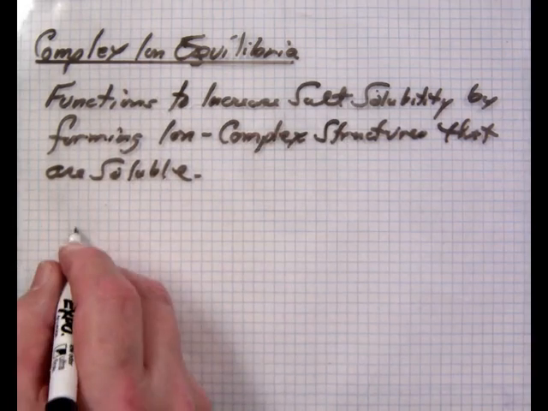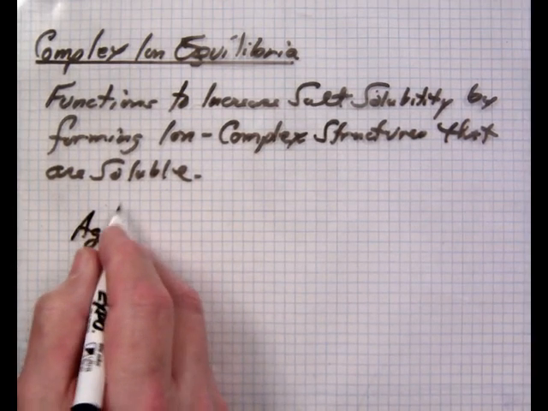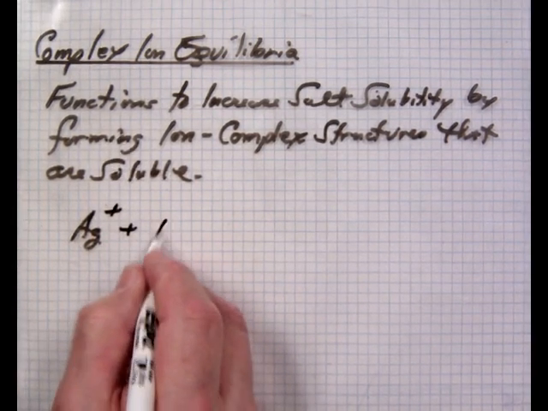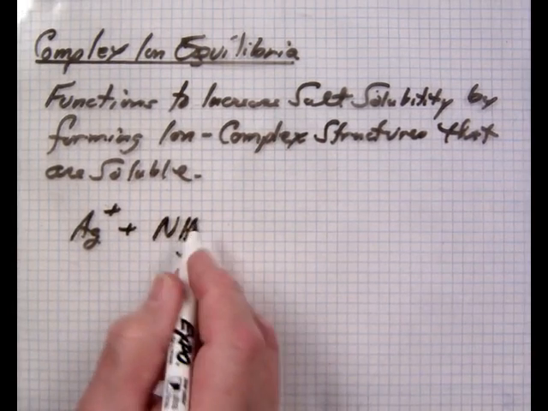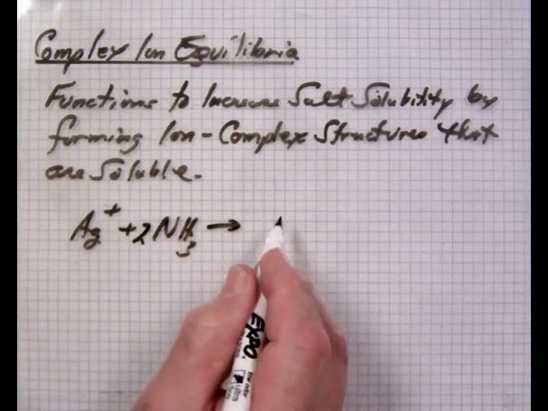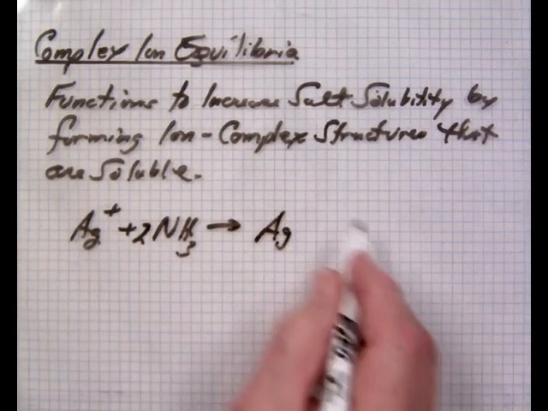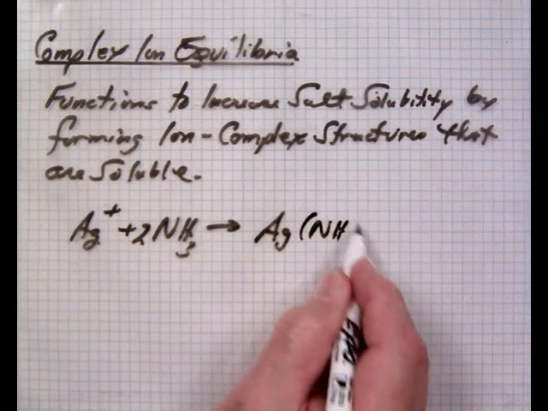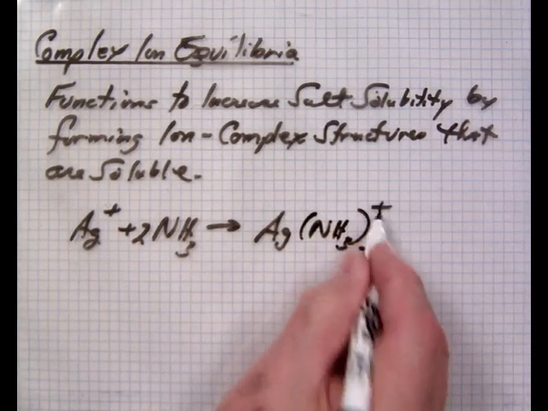Well, that's what the complex ion does. If we have, say, silver ions in the presence of ammonia, this will react very quickly to form a silver amine complex, and this is primarily the one I use because it's easy.